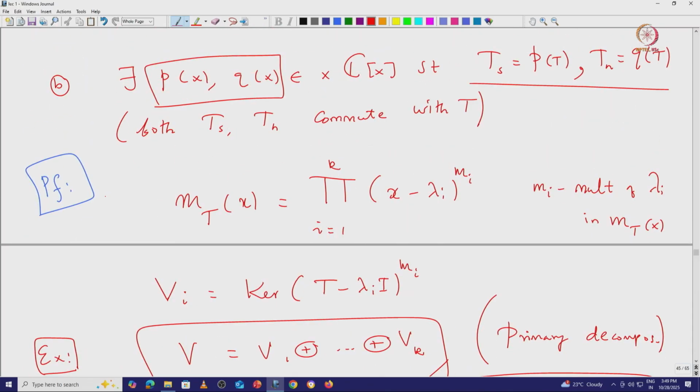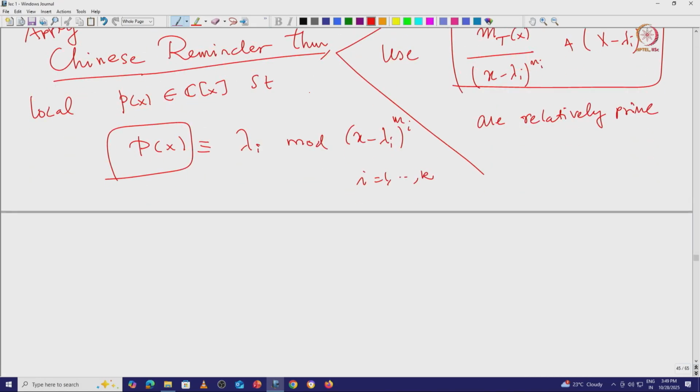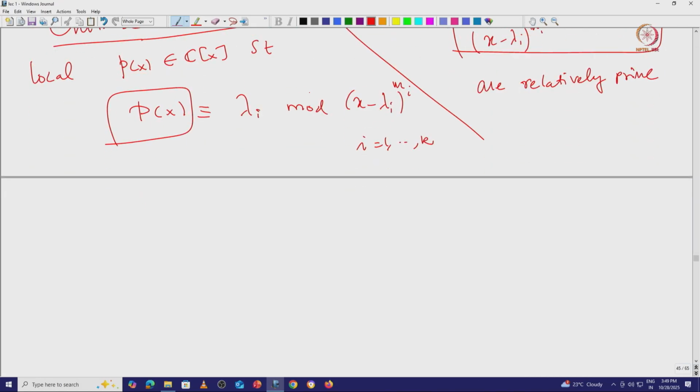Since we wanted this p(x) to have constant term 0, we will add one additional relation: p(x) is congruent to 0 modulo x. Let us call the first relation 1 and this one 2.